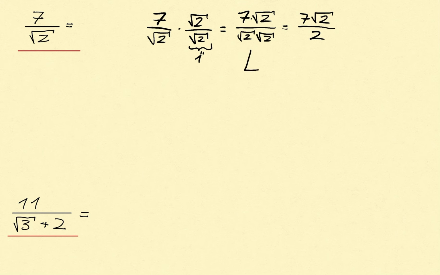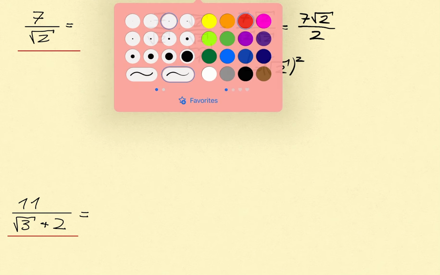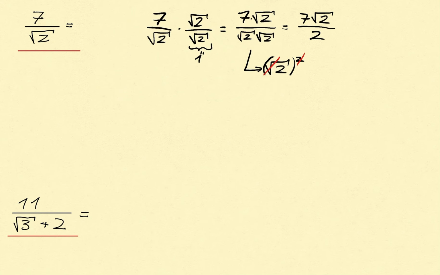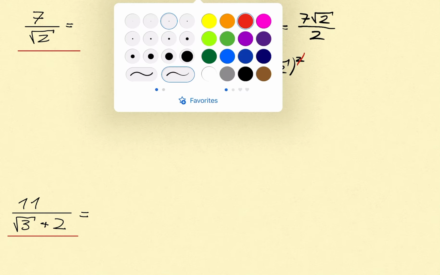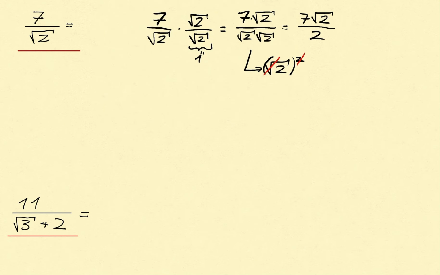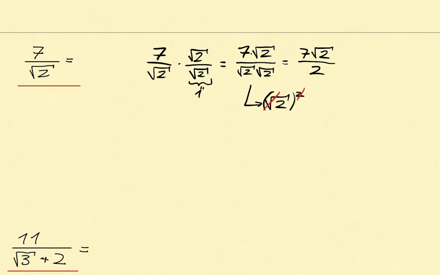Because remember, I just want to make a point here, square root of 2 times square root of 2 is the same as square root of 2 squared. And whenever we've got something like this, the power of 2 and the square root of 2 cancel out. So this would be our final result, which is more or less the same.